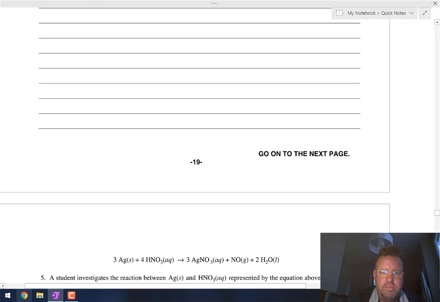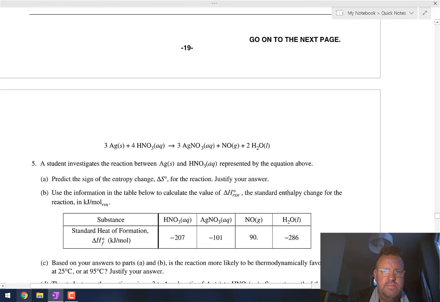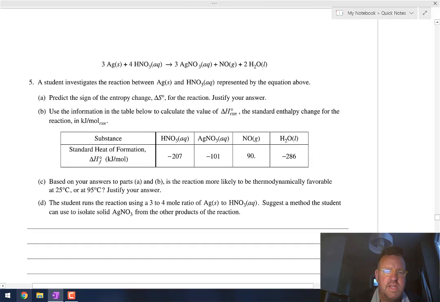Okay, question number 5. First of all, part A, predict the sign of the entropy change for the reaction. Justify your answer. You're going from solid and aqueous to aqueous, liquid, and more importantly, gas. So absolutely the sign of the entropy change is positive.